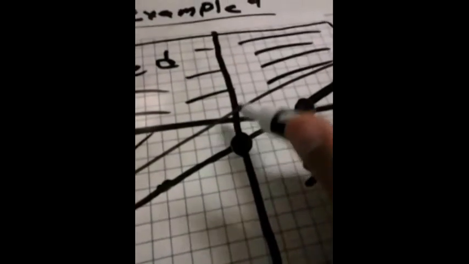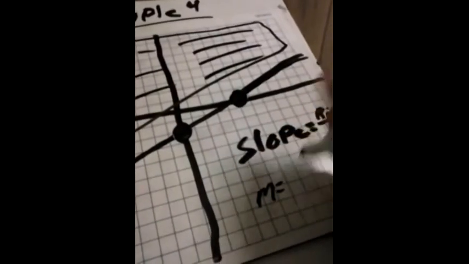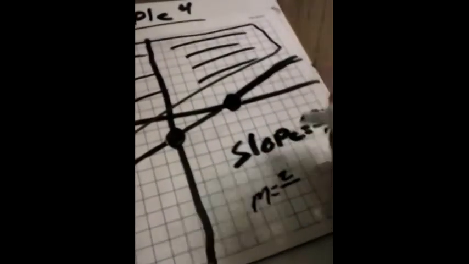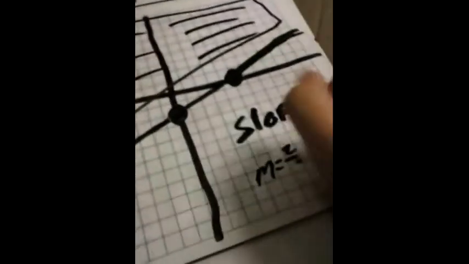Okay, so we're starting down here at negative 2, so rise is 2, m equals 2 over 1, 2, 3, 4, 5, so our slope is 2/5.